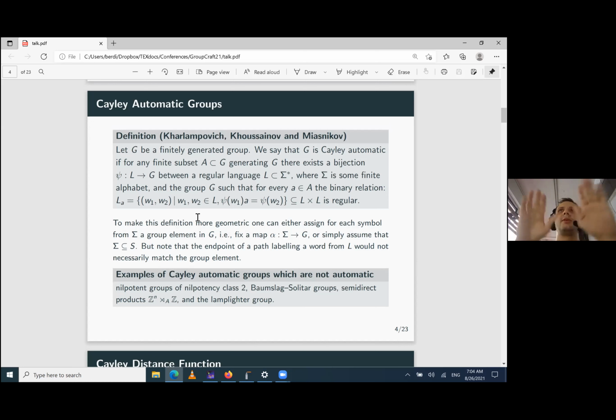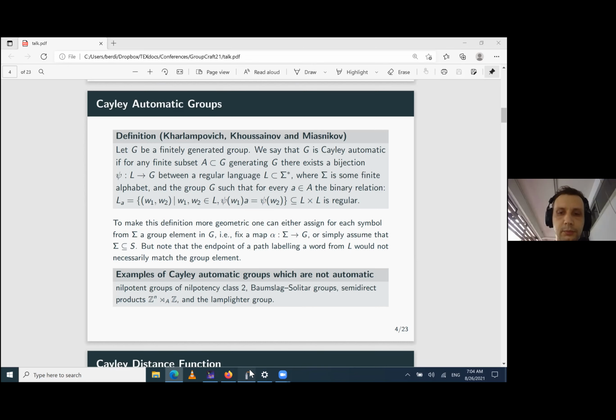What they did was keep exactly the same computational model, but you lose geometric meaning. Let me try to explain the definition.